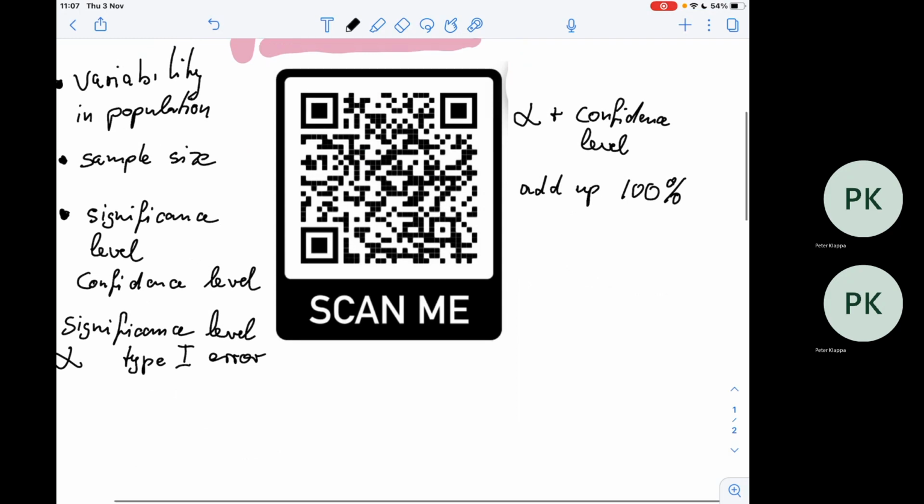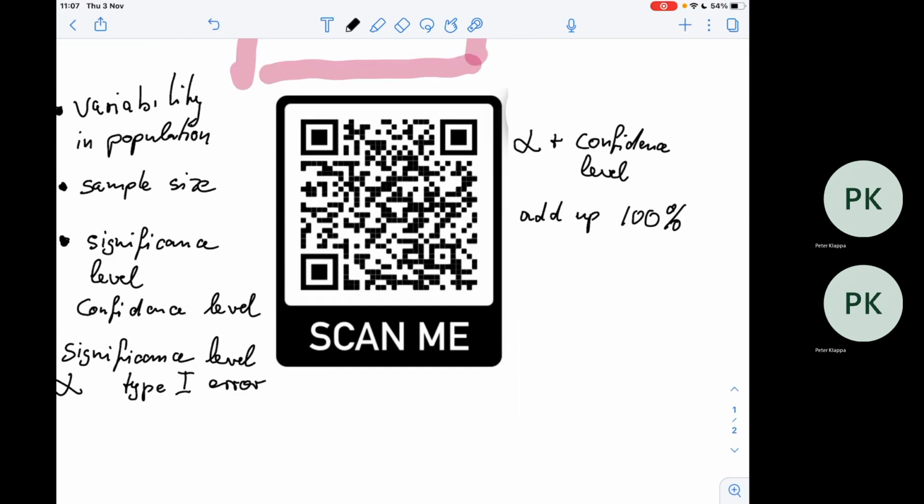So what does that mean? If I say I want to determine a 95% confidence interval, and that is actually very common, 95%, it basically means we want to be 95% of the time right in our estimate for this confidence interval.